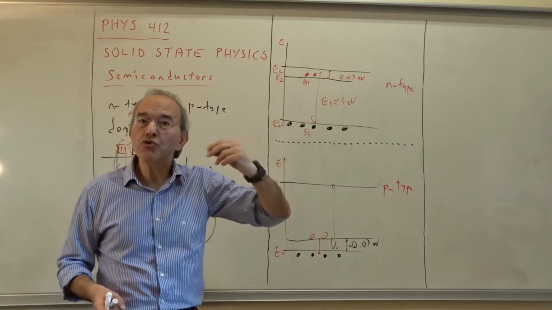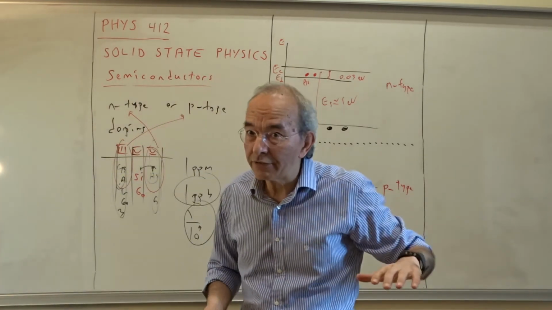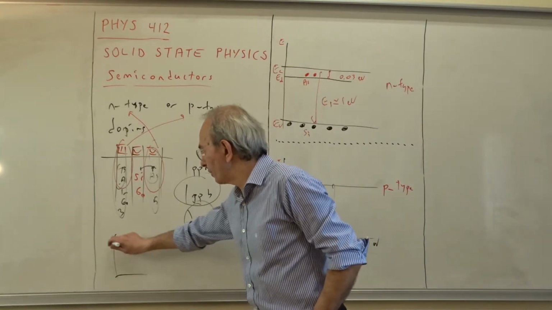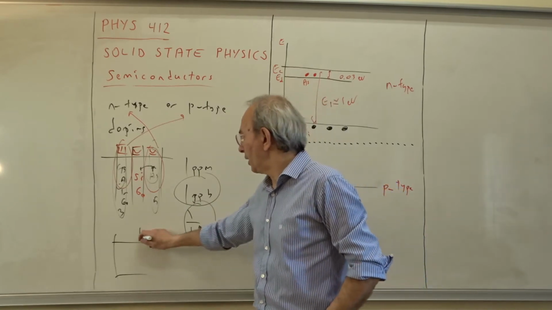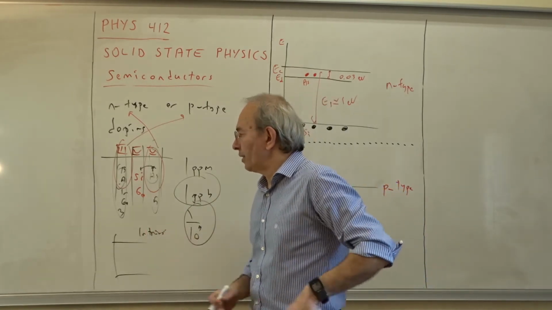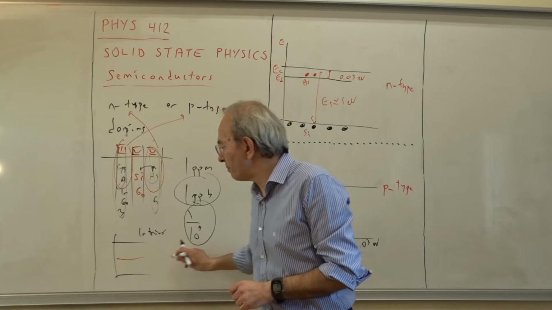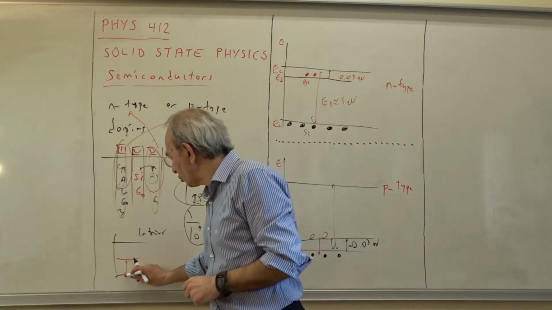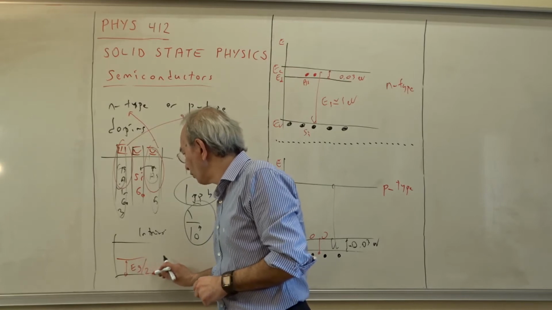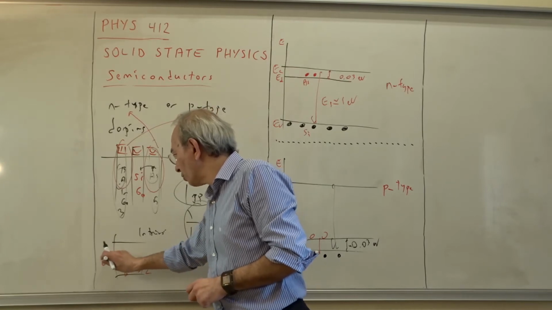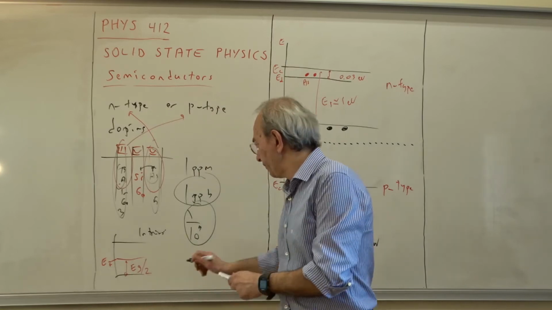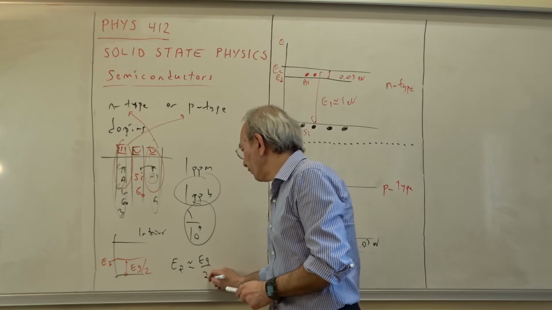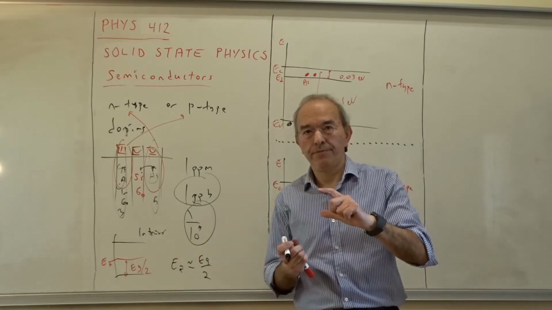What about the new values of the Fermi level? For the intrinsic case, remember, Fermi level was assumed to be midway between the two levels. So this corresponds to Eg over 2. That corresponds to EF, and for the intrinsic case, EF was supposed to be half of this full gap.